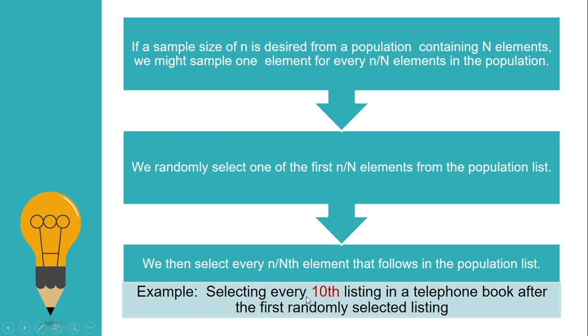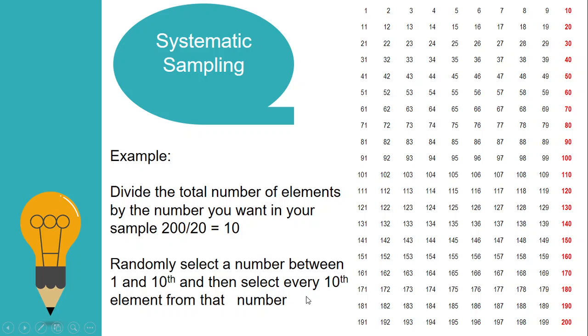We randomly sample the first element from the population list. We then select every Nth element that follows in the population list. For example, selecting every 10th listing in a telephone book after the first randomly selected listing.